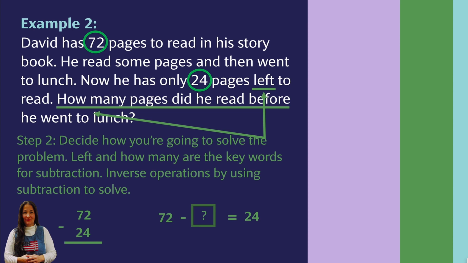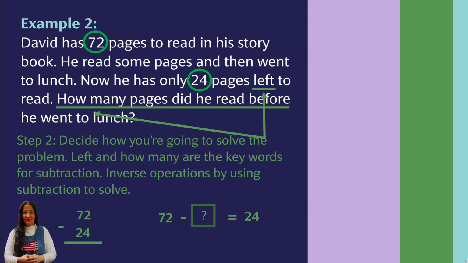Step 2. Decide how you're going to solve the problem. Left and how many are the key words for subtraction. Inverse operations by using subtraction to solve. 72 minus 24 equals 72 minus question mark equals 24.